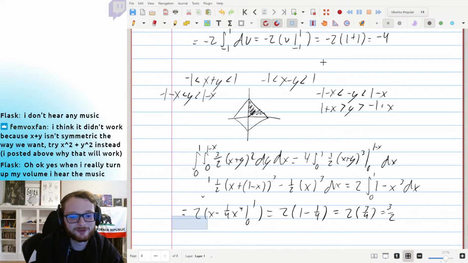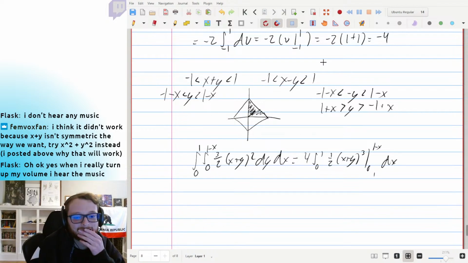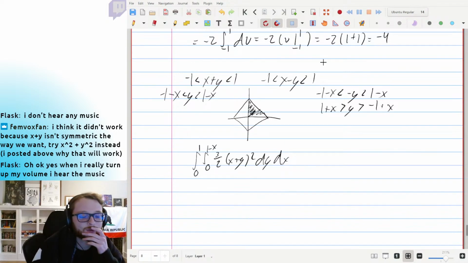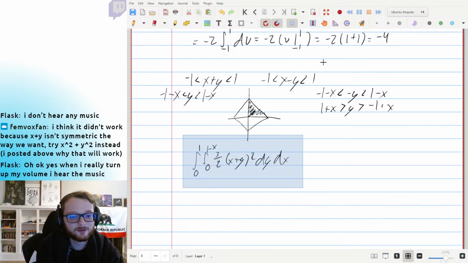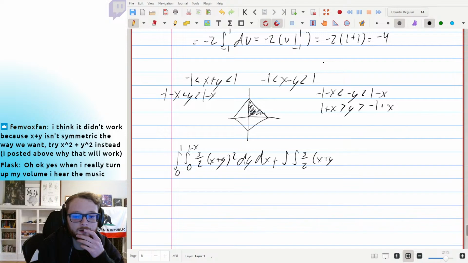Okay, so... There's got to be some type of symmetry you can take advantage of here. But you could also just bash your face into the problem. And that's also fun.